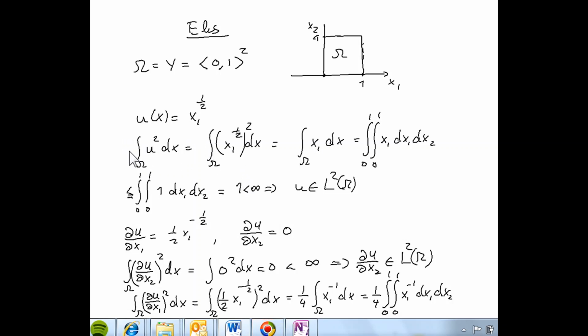So taking the integral of the square of u, we find that this integral is equal to the integral of x1.